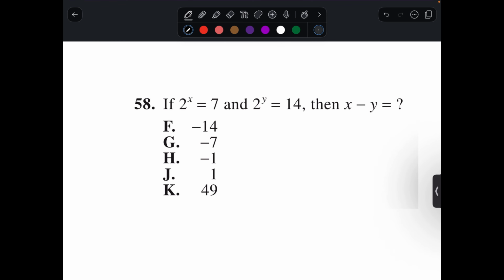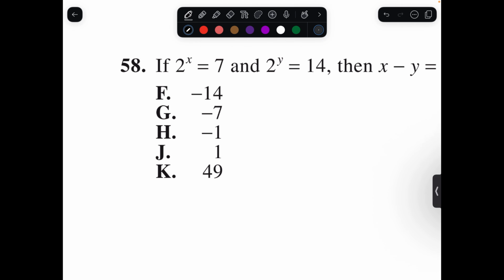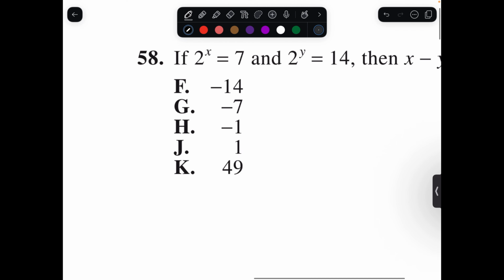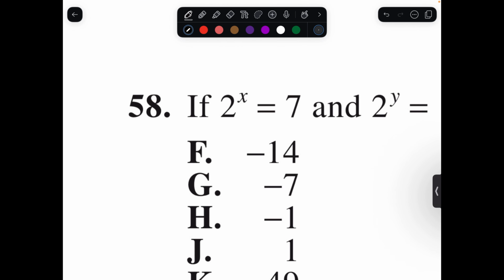There are 2 ways to do this question. I'll show you both ways. First, let's use the log way. For this question, what you could do is convert this into logs.